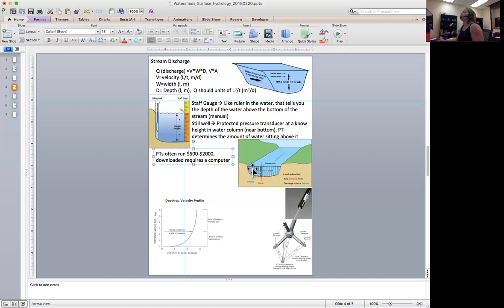So oftentimes what we do is we actually do what's called a velocity profile of a stream. And we do those velocity profiles over different water level heights to be able to understand what the actual stream discharge is as the water level rises in the stream and as the water level falls. So we do these things that are called velocity transects.